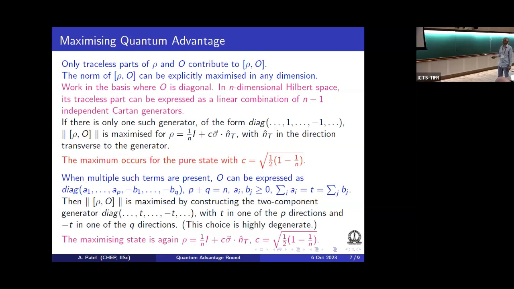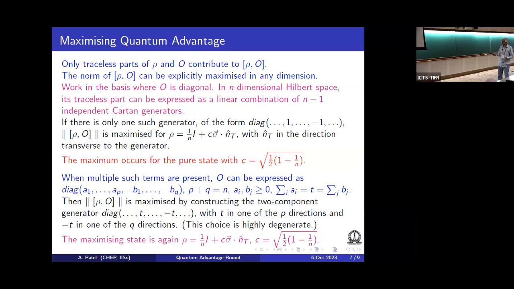And it can be shown without too much trouble that it is maximized when all of these positive quantities collapse into one component, and all of the negative quantities collapse into another component. T can be any one of these p directions, and minus t can be any of the other directions, and then it just looks like this two component solution, which is already known, and the formula essentially is identical.